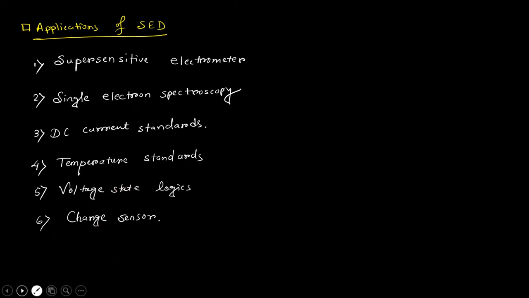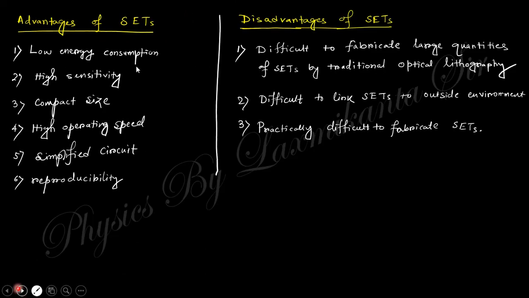All are used in single electron devices. Advantages of SET are low energy consumption, high sensitivity, compact size, high operating speed, simplified circuit, and reproducibility. But the disadvantages are that it is difficult to fabricate large quantities of SETs by traditional optical lithography, difficult to link SETs to the outside environment, and practically difficult to fabricate. So these are the advantages and disadvantages of the single electron transistor or single electron device.